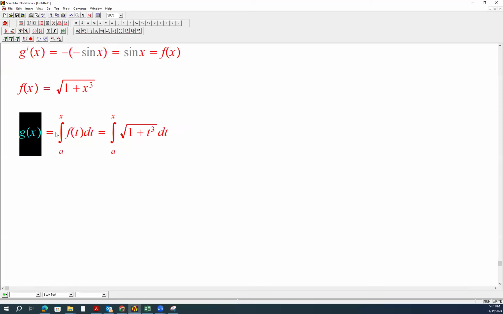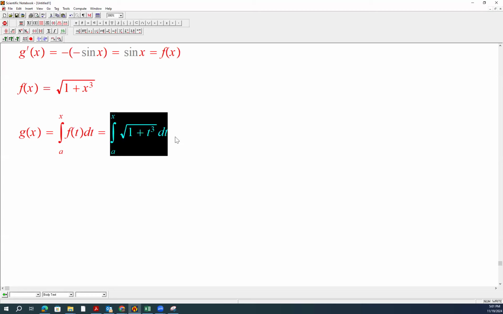we know that g is a function that is dependent on x, and g is dependent on the result of this integration.